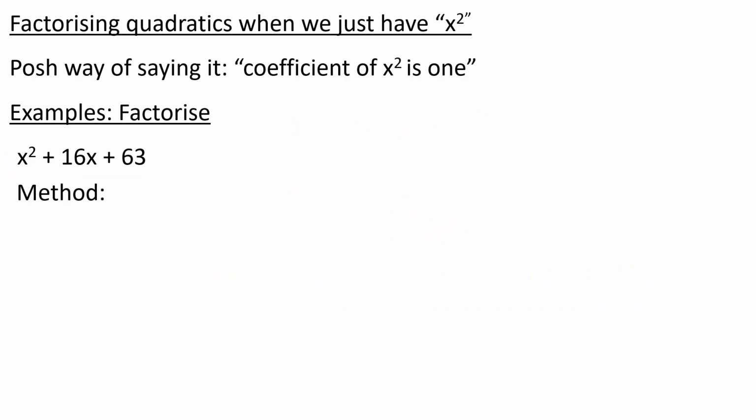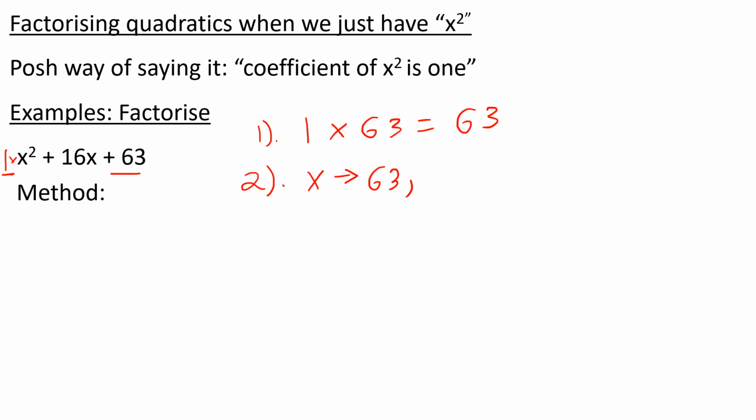Let's try another example. In this question, we have to factorize the expression x squared plus 16x plus 63. We know that the number by the x squared is 1, so the first thing I'm going to do is 1 times the constant term on the end, so 1 times 63, which is 63. I now need a pair of numbers that will times to give 63 and will add to give 16.